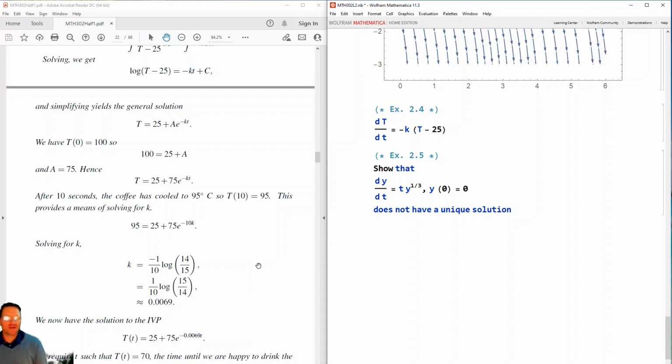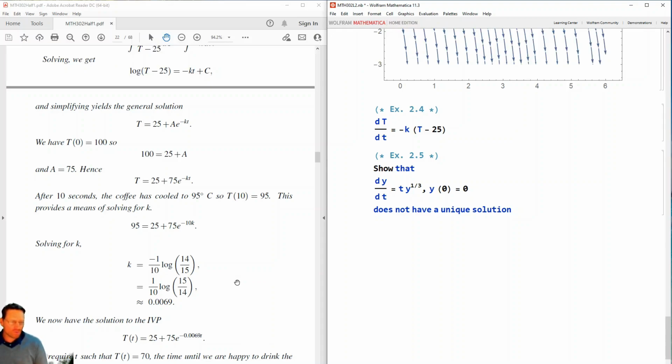Then we take natural logarithms. That ratio, 70 over 75, is the same as 14 over 15, so it simplifies. And then we want to divide by the minus 10. So we have k is equal to minus 1/10 natural logarithm of 14 over 15.